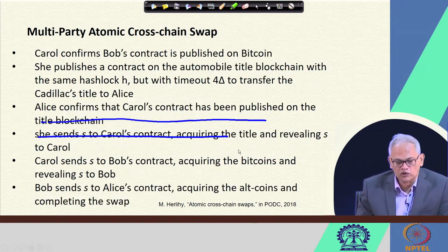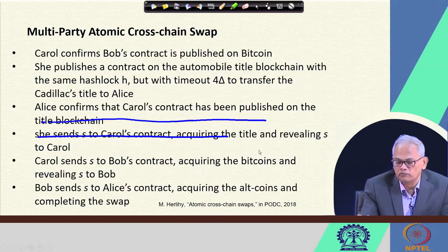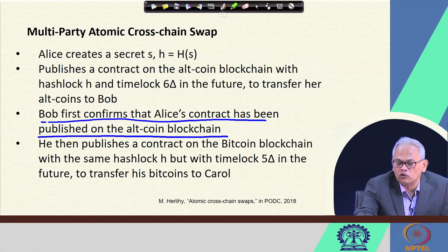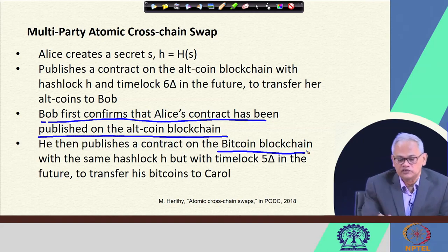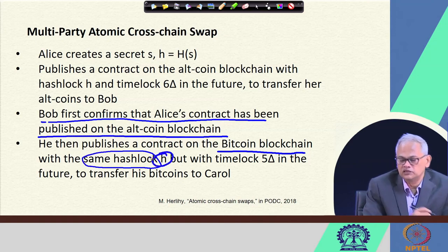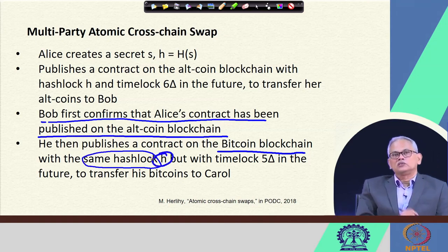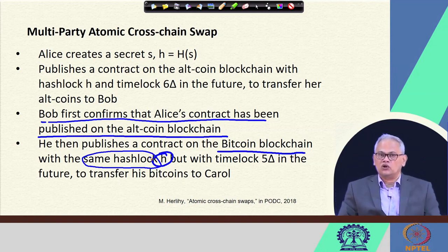So, what we see here is that Bob is publishing on the Bitcoin blockchain. Very important is that it uses the same hash lock that was used, which is this H.